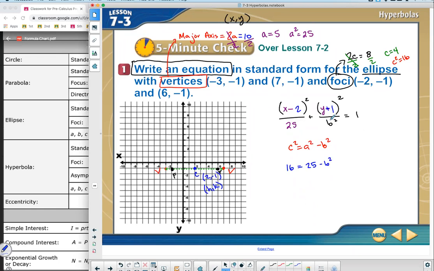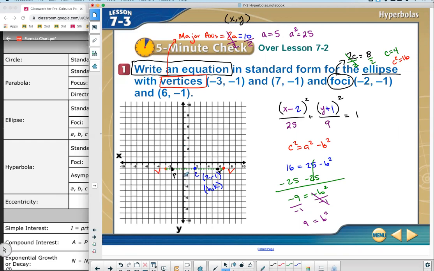Now, you might already know the answer is going to be 9 here, but if you did not, you would subtract 25, and we would discover that 16 minus 25 is a negative 9. Negative 9 equals negative b squared. If you're trying to isolate b squared, you would then divide by negative 1. And when we divide by negative 1, we get that positive 9 equals b squared.